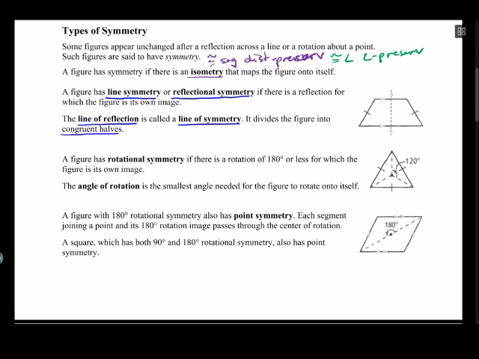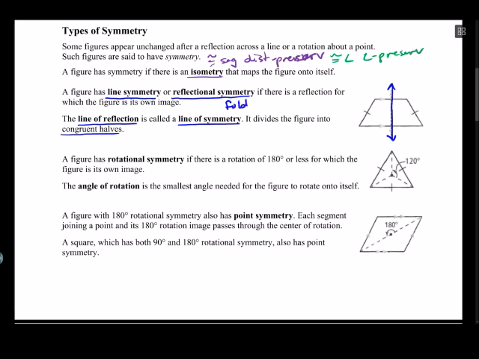So let's look at, we have an isosceles trapezoid here, and if we consider this to be our line of reflection or our line of symmetry, think of reflectional symmetry as a fold.